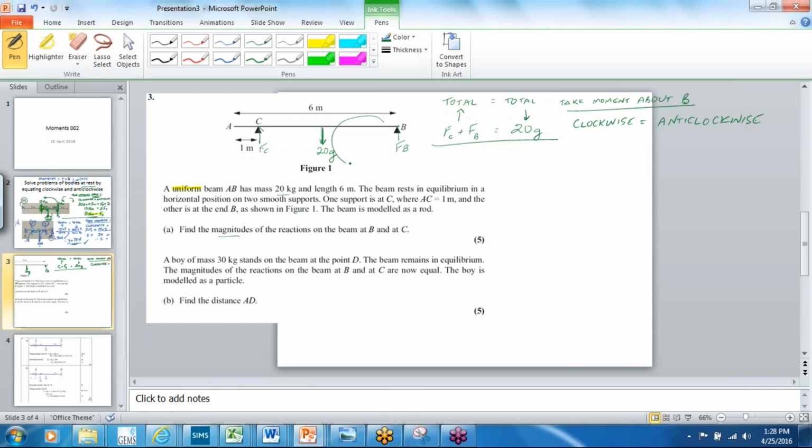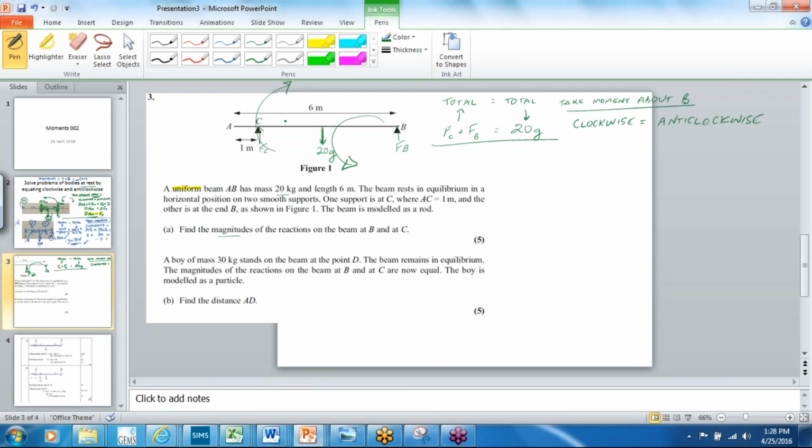So from B, this moment of the weight acting down from that distance is an anti-clockwise moment. And the force acting up here at that distance is a clockwise moment about B. So this moment will equal this moment.